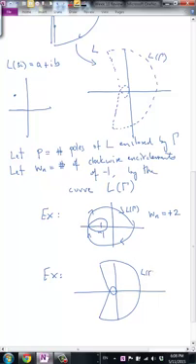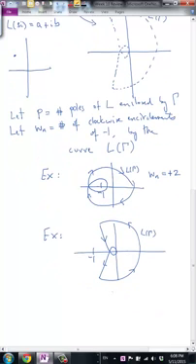If L of gamma were to look something like this, and minus 1 is out here, and the curve is oriented like that, then Wn would equal 0.